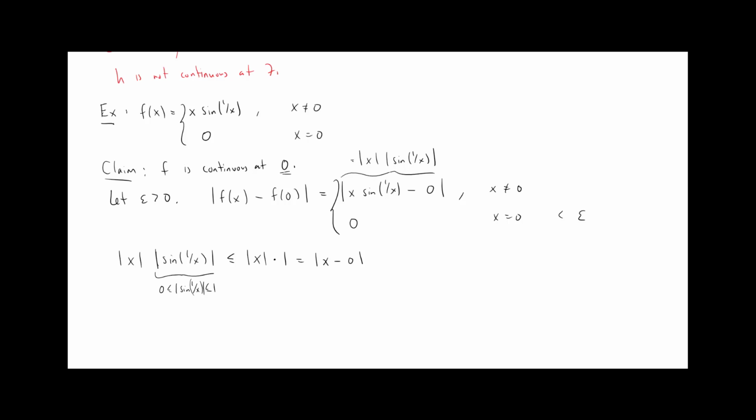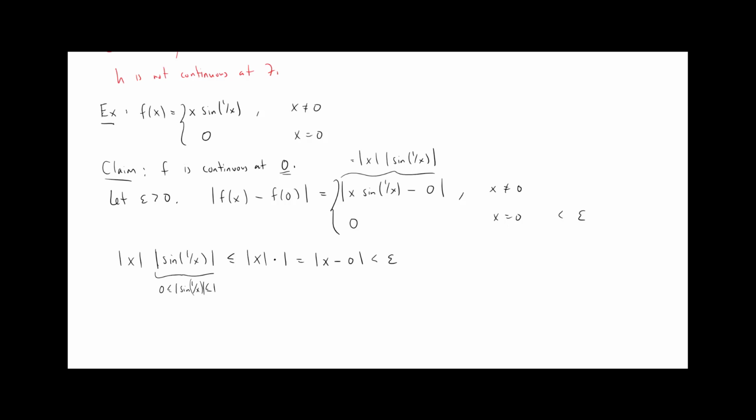Now, f of x minus f of 0 we know is equal to the absolute value of x times the absolute value of sine of 1 over x when x isn't 0, which is less than or equal to the absolute value of x minus 0. And at the end, I want this to be less than epsilon. So why don't I just do that?